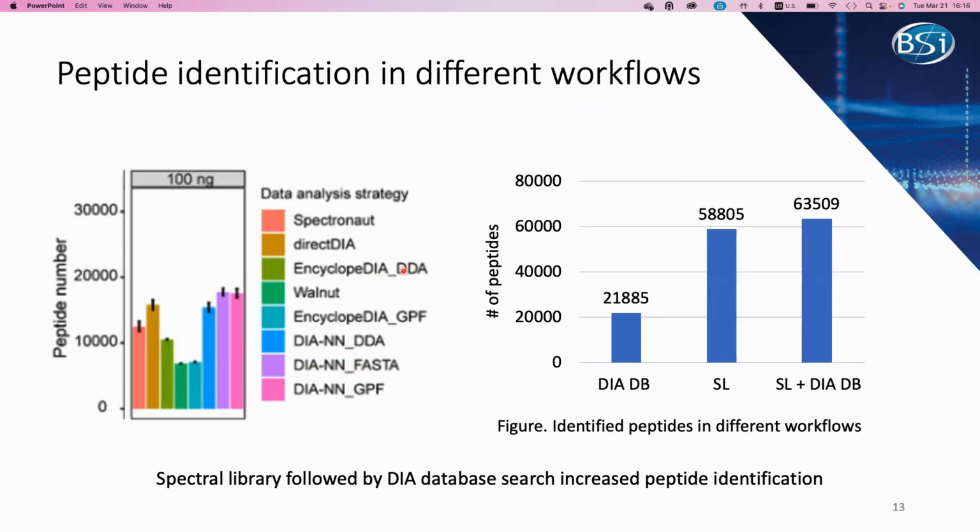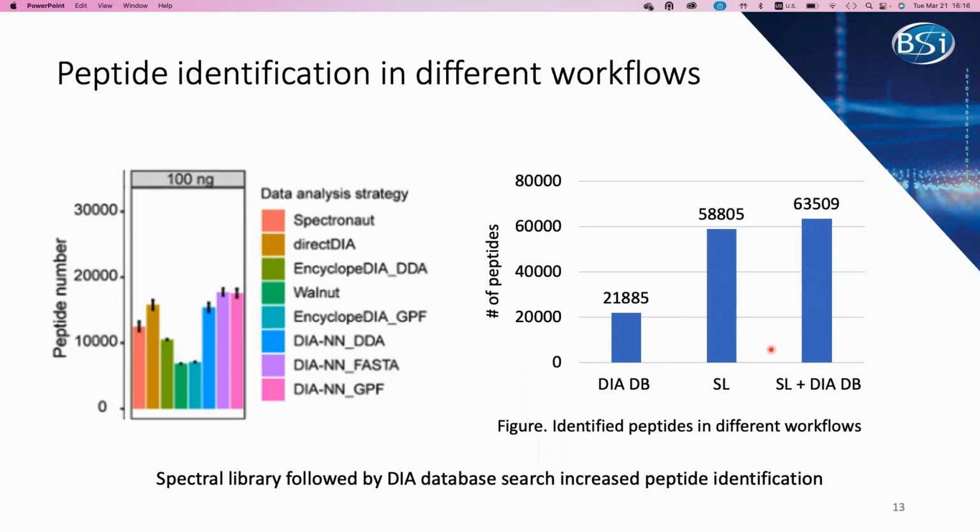Next, I will use this dataset as an example to compare our streamlined DIA workflow with the spectral library search or the direct database search in terms of identified peptide and protein numbers, to show why we have proposed the streamlined DIA workflow. The results are shown in the bar graph here on the right.